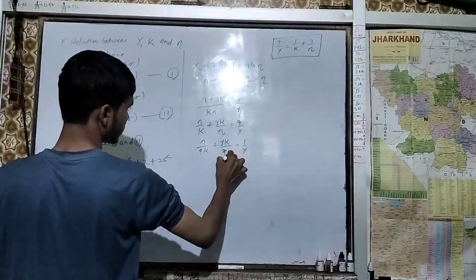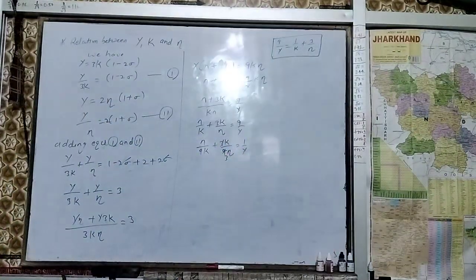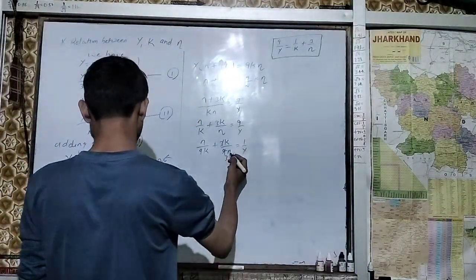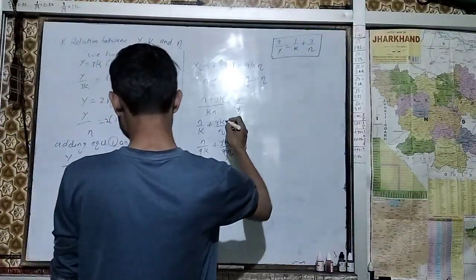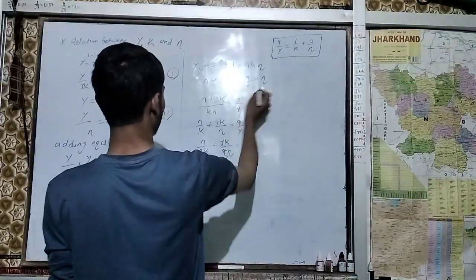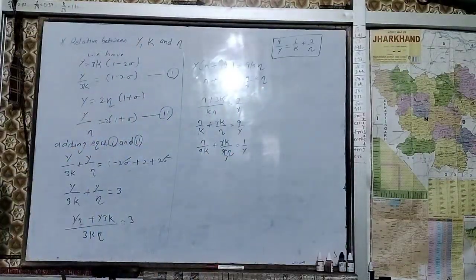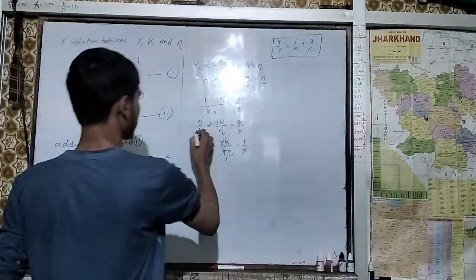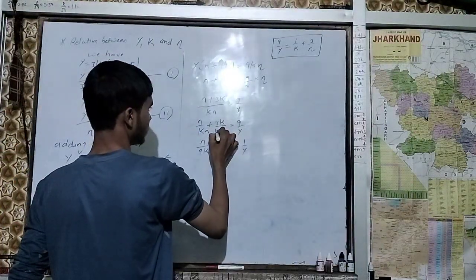3 3 is a 9. 9kη, so kη came downward. So this should become kη, and it also came.